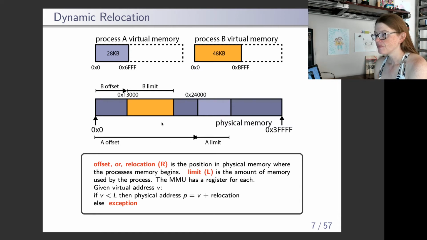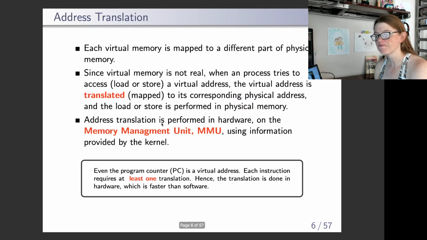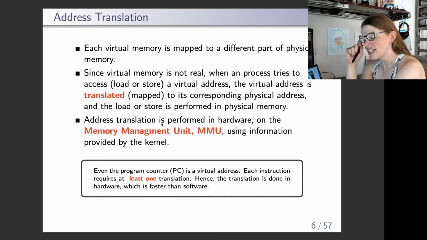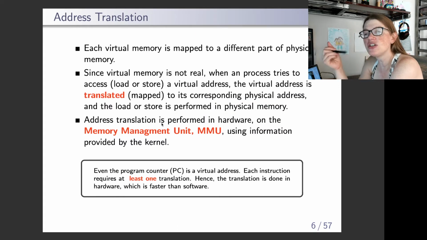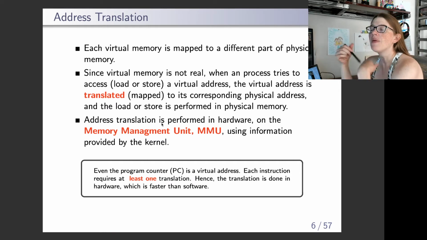So, who does this translation? Somebody's got to translate it. Somebody's got to do this addition. Somebody's got to do this subtraction. And it's very tempting to believe that this is the operating system that's going to do it. But think with me for a minute.